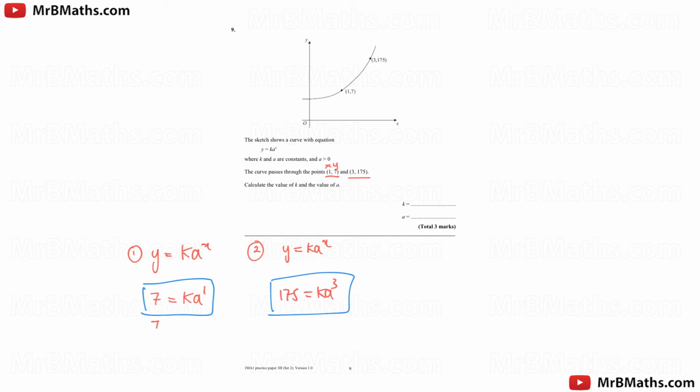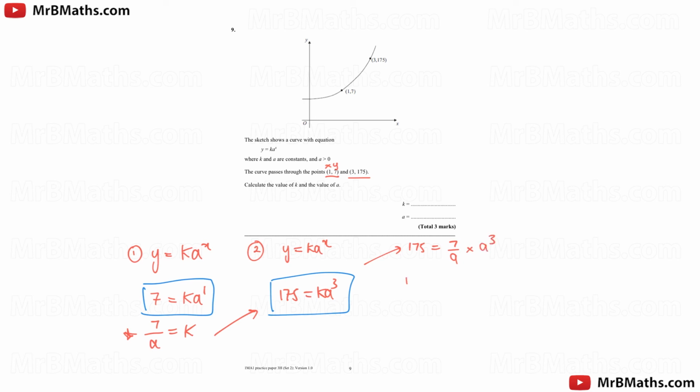So if we do 7 over a equals k, then we're going to put this equation into the second one. So we have 175 equals, instead of k, I'm going to put 7 over a, times a to the 3.